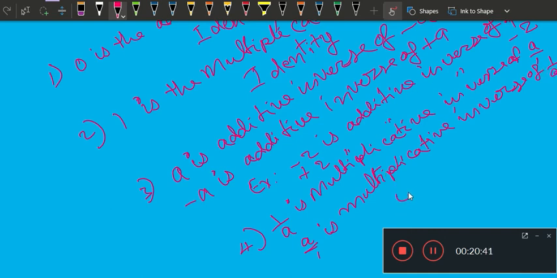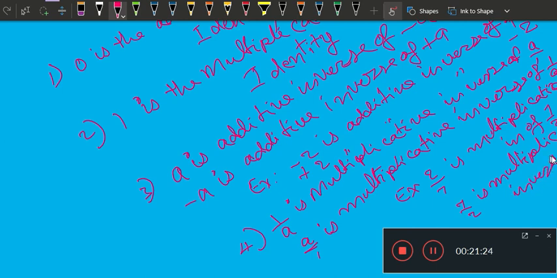For example, 2 by 7 is the multiplicative inverse of 7 by 2, and 7 by 2 is the multiplicative inverse of 2 by 7.